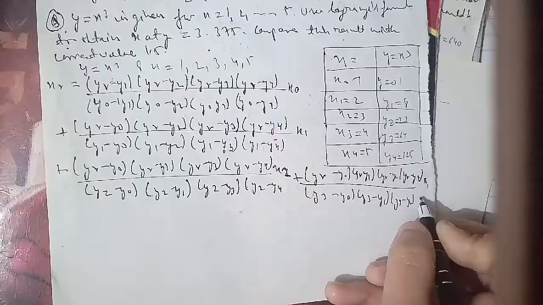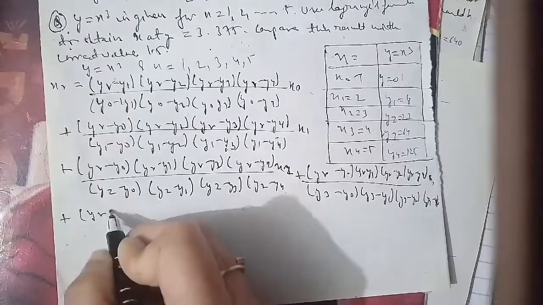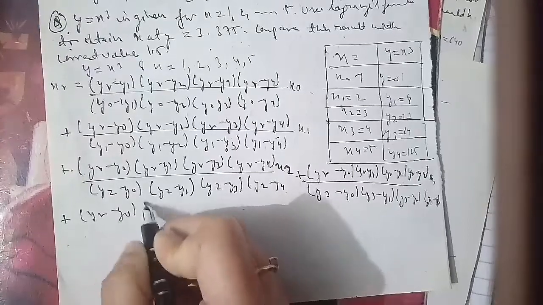So now let us substitute the values of x and y in the above equation. So we'll put the values here, that is what we have to discuss as well.